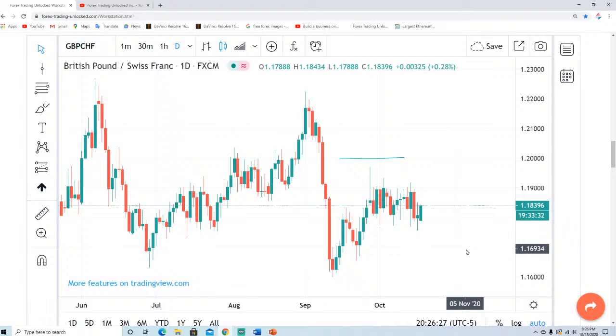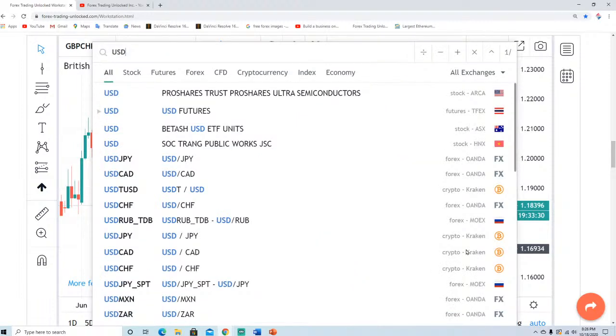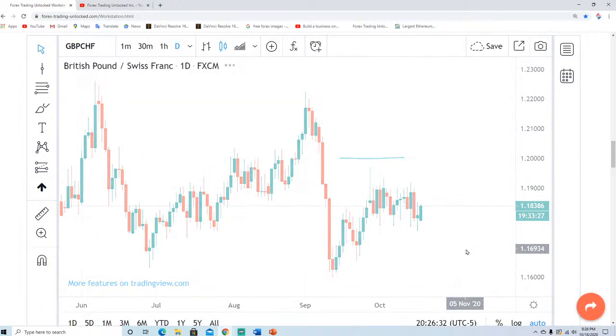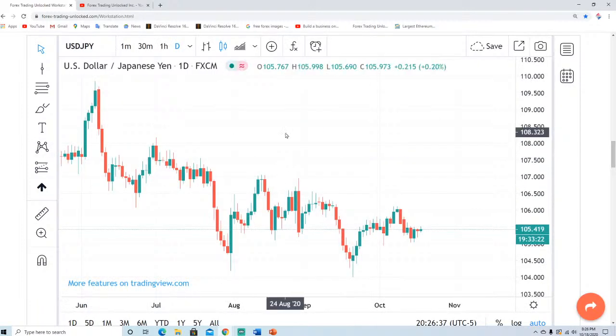Now, where you're going to see some good action, I think, is not the British pound, but the US dollar Japanese yen. This one continues to disappoint on most days, but it is a grind lower. It continues to be a bear, and I think that the dollar right now is going to still remain in a really fixed way with the US dollar yen through the end of the year.